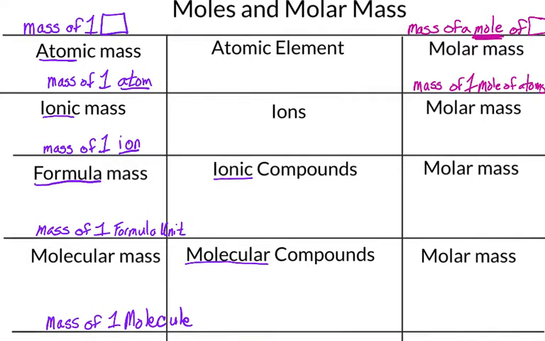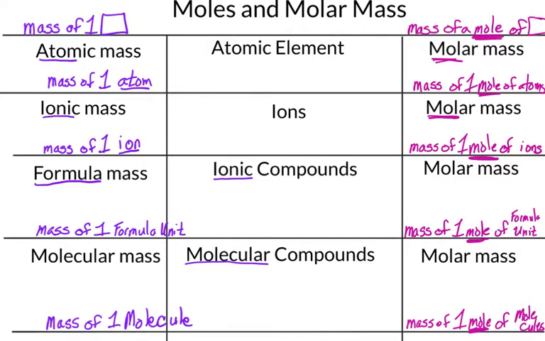If I look at ionic compounds, it's still called molar mass. And again, that's for 1 mole of the whole formula unit. So that's how many we have, 6.02 times 10 to the 23rd of those particles. Then we can look at molecular mass, and that is for 1 molecule. That's for a molecular compound, but the molar mass is still going to have the same name, molar mass.